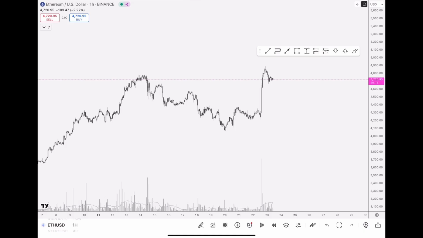So if I take this chart, for example, and start drawing a little bit, I'll take the example of Ethereum back a few days ago.